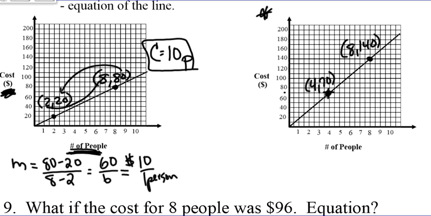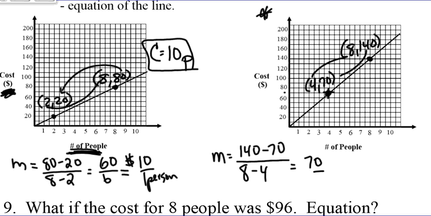So we need to calculate slope. Change in y, 140 minus 70, over change in x, 8 minus 4. What does that give us? 70 over 4. Well, can we reduce it? We can. And I'll be honest with you, let's cheat a little bit. We want to know the price per one person.